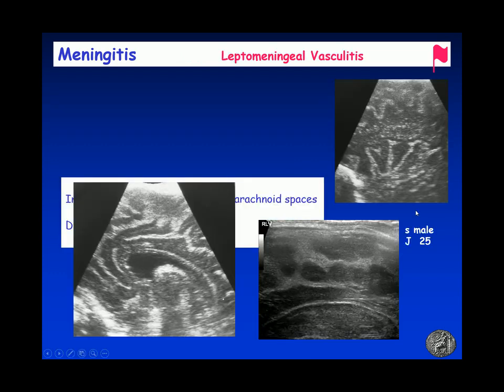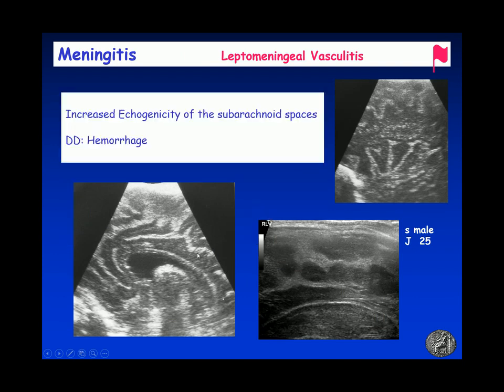Of course, if you don't do state-of-the-art technique and you don't use this high-frequency transducer, and if you are not Corinne Veyrac, you may see this. But again, the diagnosis is here. You see a thickening of the subarachnoid spaces, and this is not normal. Again, a thickening of the subarachnoid spaces.